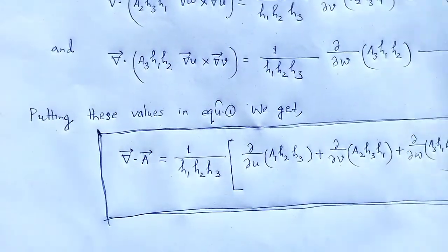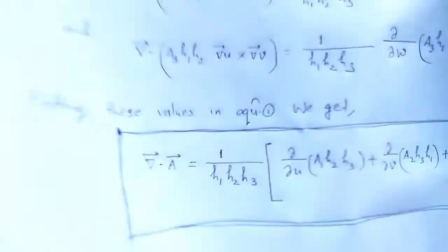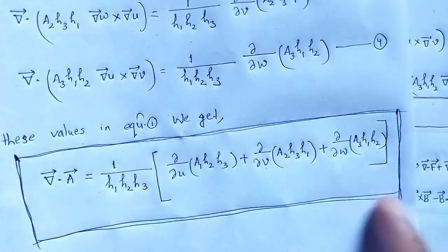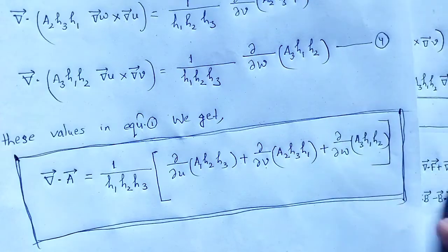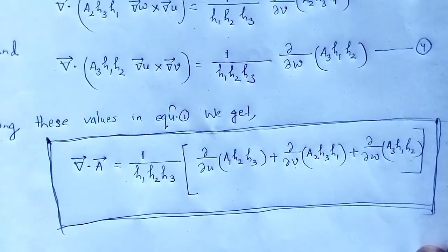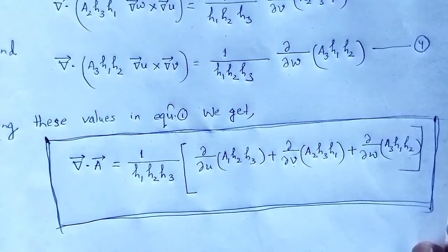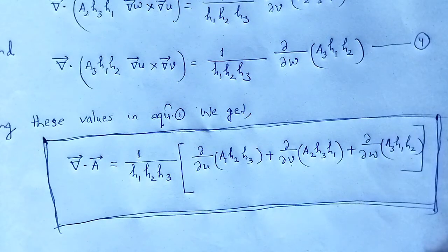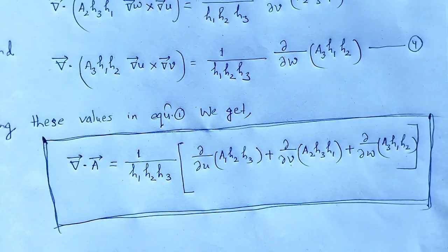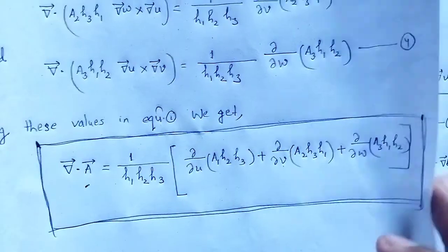This is the required result. As we saw, this one is the required result of the divergence in terms of orthogonal curvilinear coordinate system, divergence of a vector.